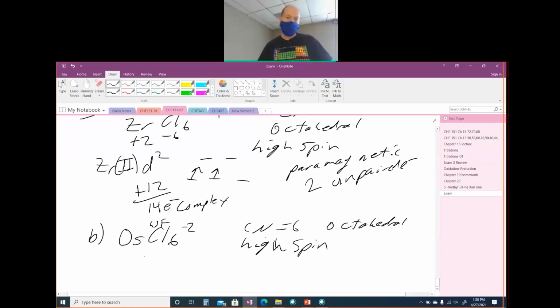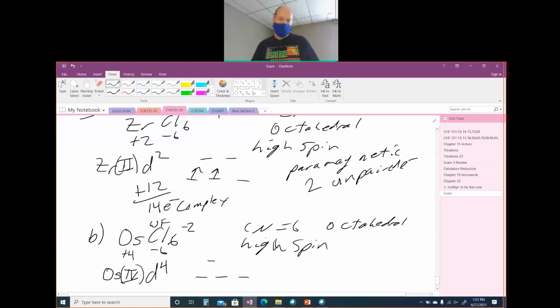So that's minus 6, so your osmium has to be a plus 4. Plus 4 minus 6 gives you the minus 2. Find osmium on the periodic table. Look at the number on the column on top, and that is an 8. And so osmium 4 plus is D4.